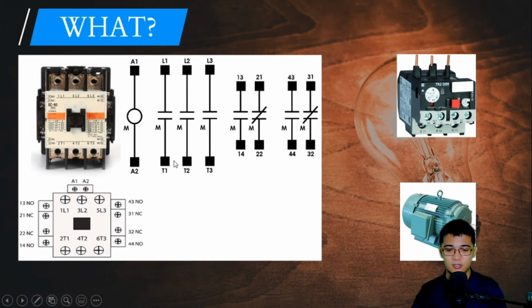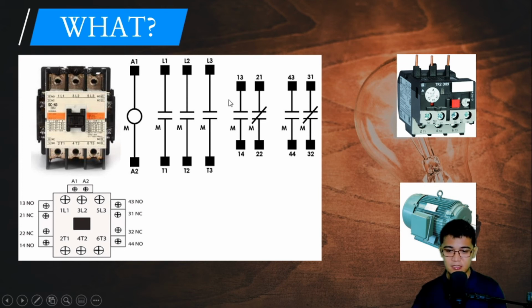So saan ito doon sa ating contactor? So this part is actually this one. Line 1, line 2, and line 3. Okay? Ito naman, E1, E2, and E3. Na yung A1 at A2 na dinescuss natin kanina is nandito sa ibabaw. This one, A1 and A2 na terminals.